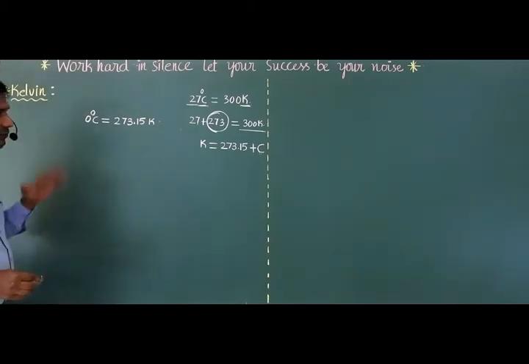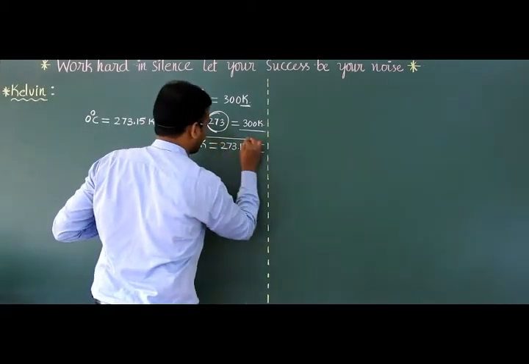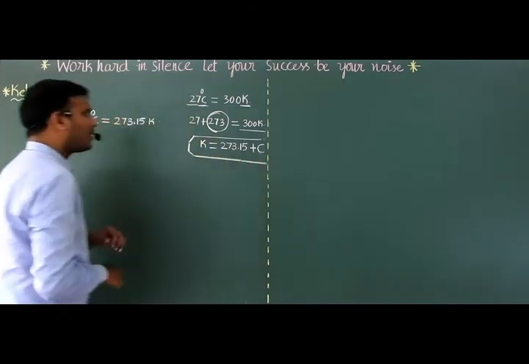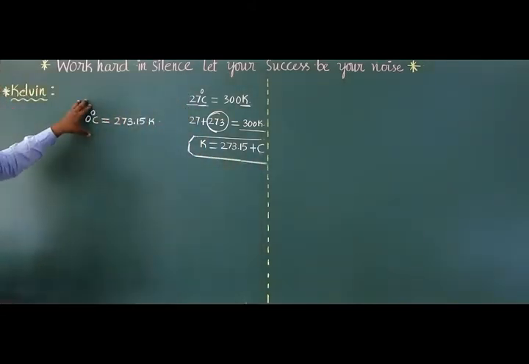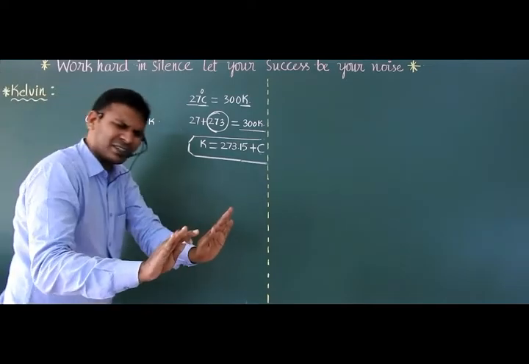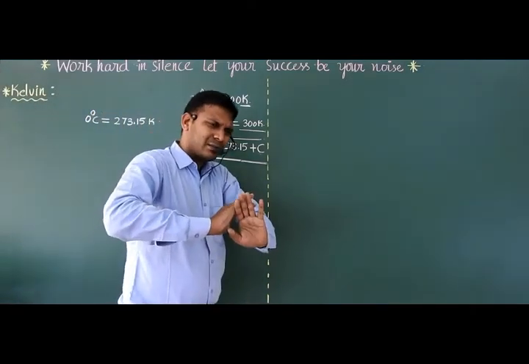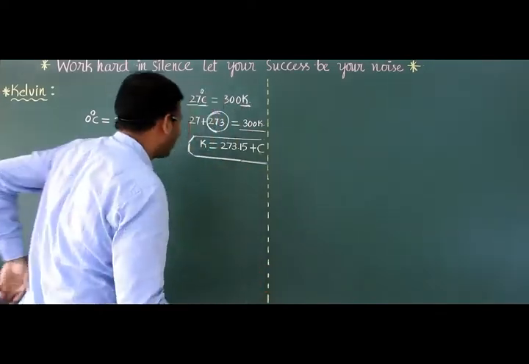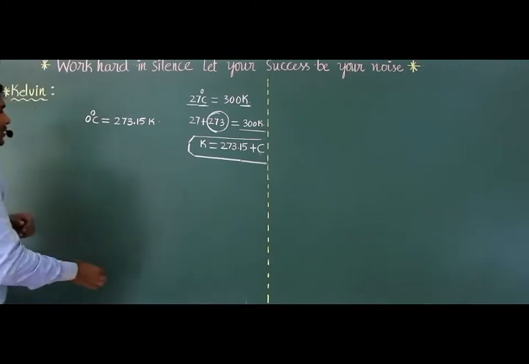Correct? Okay, fine, according to this relation. 0 degrees Celsius is equal to 273.15 Kelvin, and 27 degrees Celsius is equal to 300.15 Kelvin. Yes, you just remember this conversion. You don't think behind this. It is not necessary in this units and measurements chapter. Okay, listen carefully.